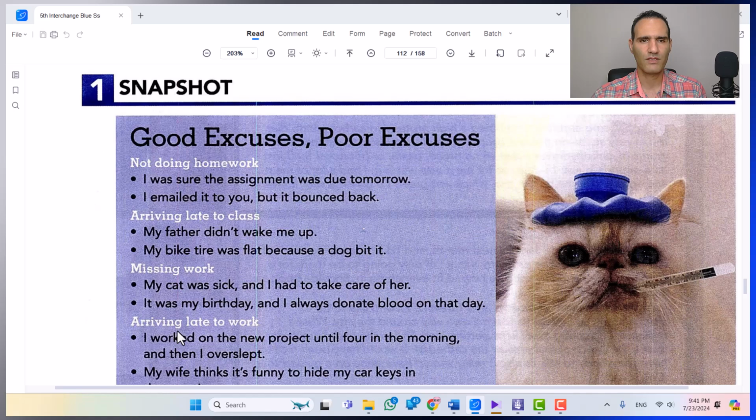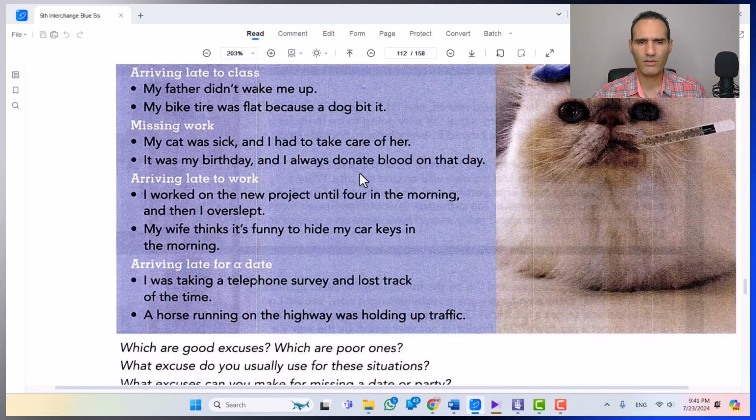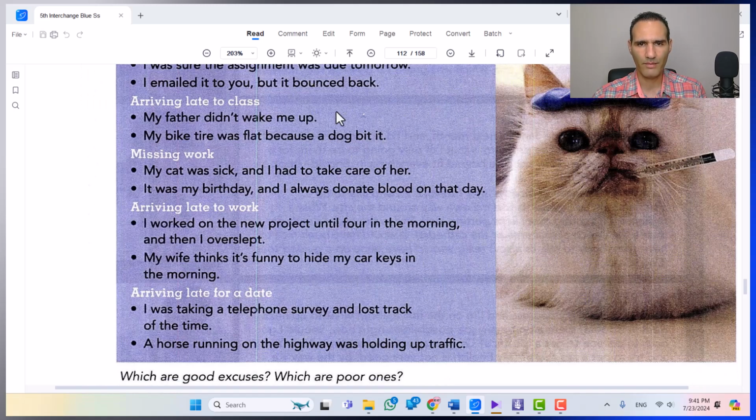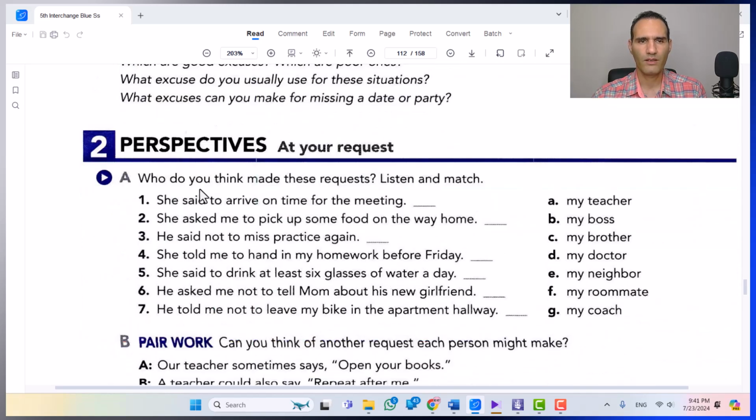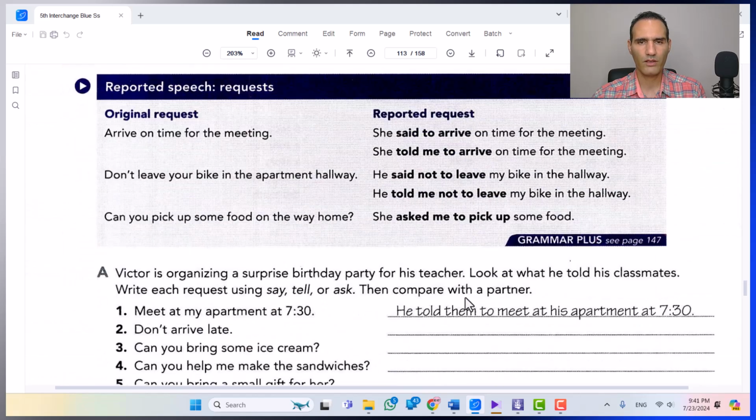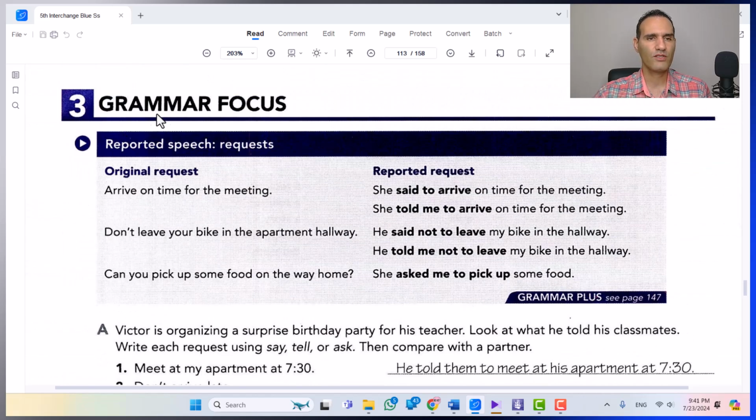Here we had a list of some good excuses, some poor excuses that we took care of with some language here, and then the perspective, who said what, we talked about it, and the first grammar part, reported speech, which was about requests, imperative sentences, and questions that I told you just to put a to before the verb or a not to before the verb.